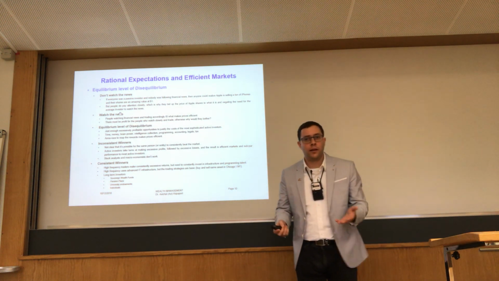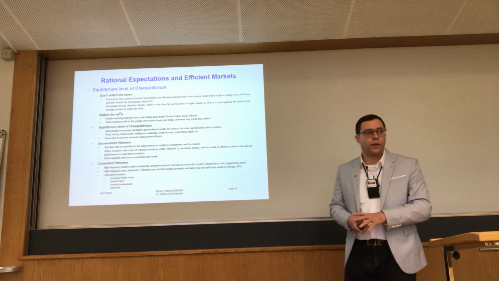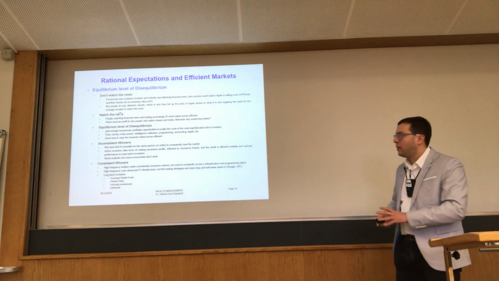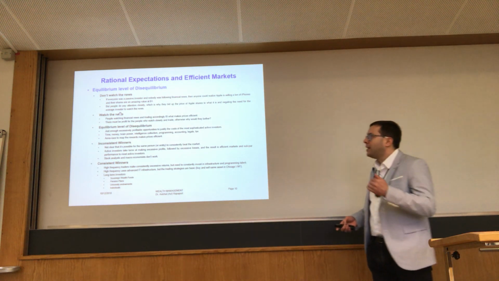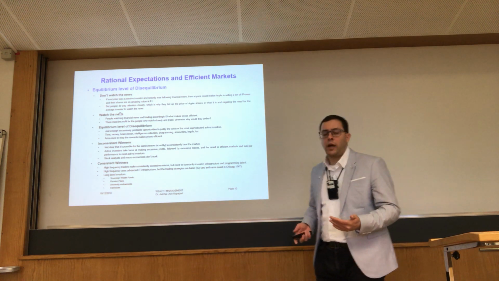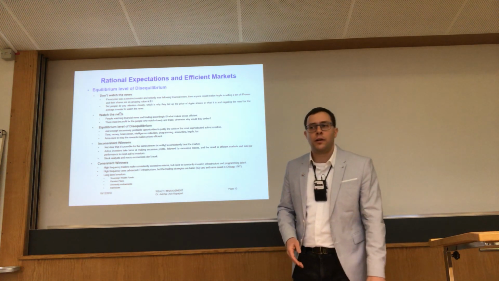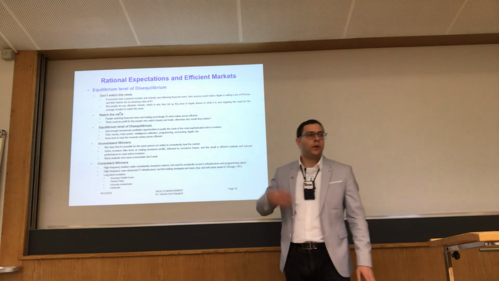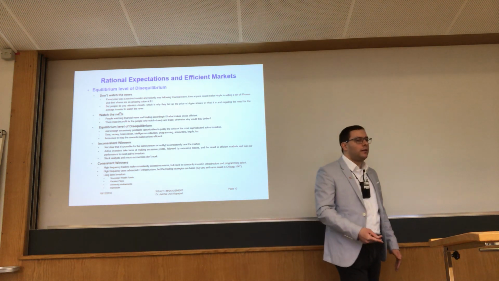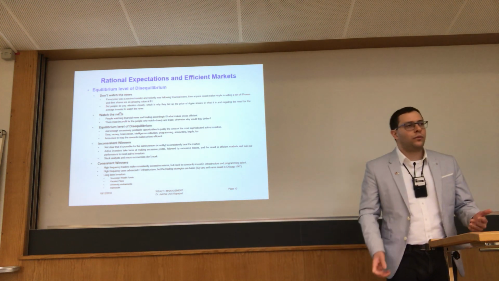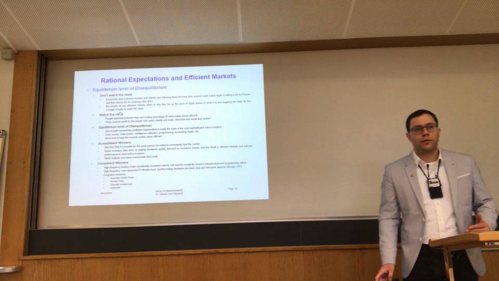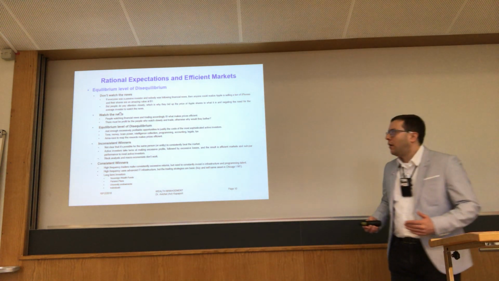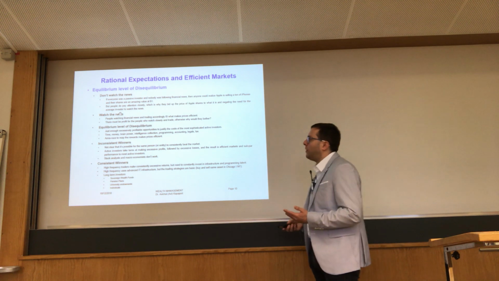Because people do pay attention, people do notice when these things happen, when they sell a lot of iPhones, okay? And there must be a profit, rationality again, there must be a profit in it for these people to gather the information, to think about it, and to take risk based on this. Okay? So that's the equilibrium level of this disequilibrium.